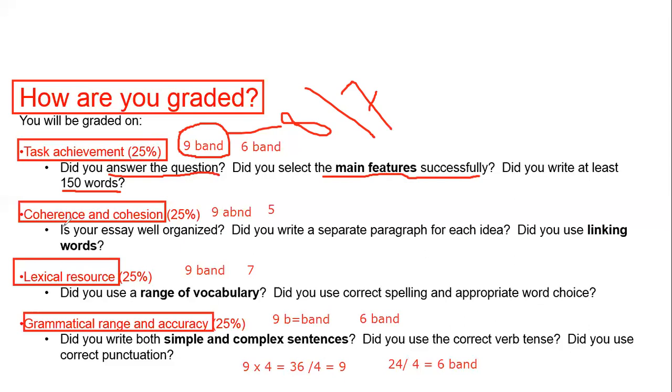Number two is coherence and cohesion. Overall for this, how much band do we have? 9 band. Coherence and cohesion means, is your essay well organized or not? Like, there are paragraphs, you need to write an introduction, and you need to write an overview for task 1.